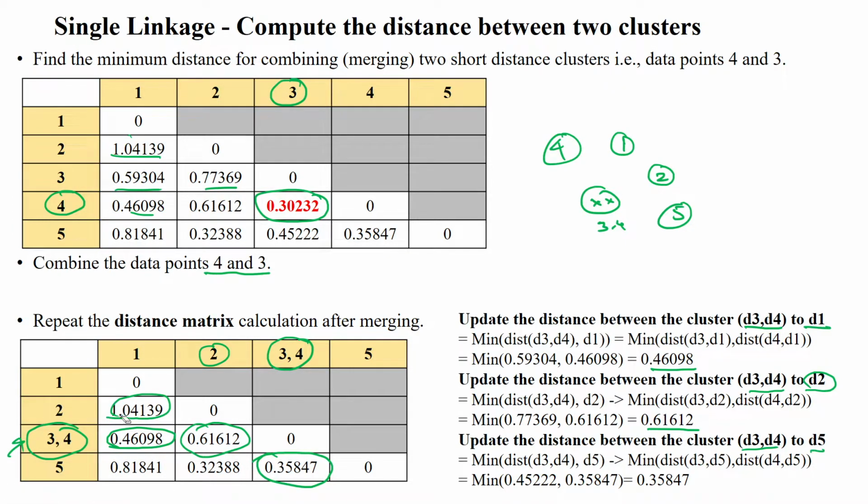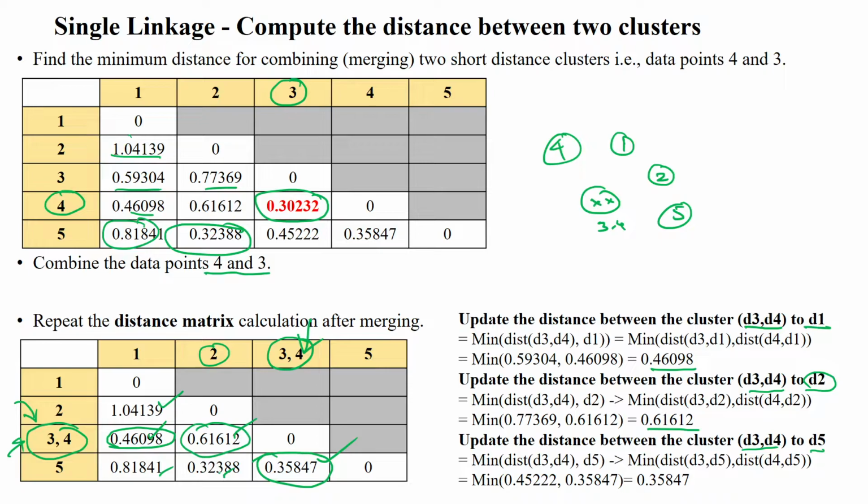The remaining values, this one and 0.32, already exist and are not updated, because wherever the cluster is updated, only those cells are updated.